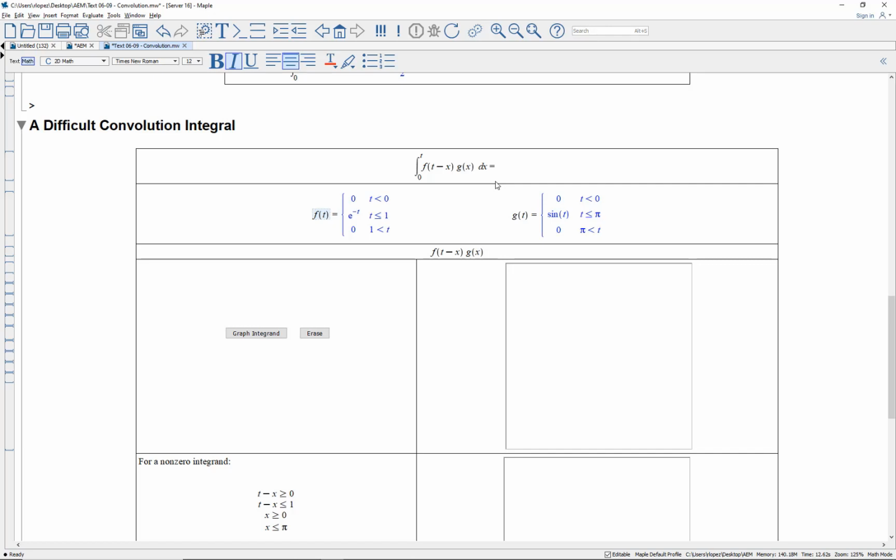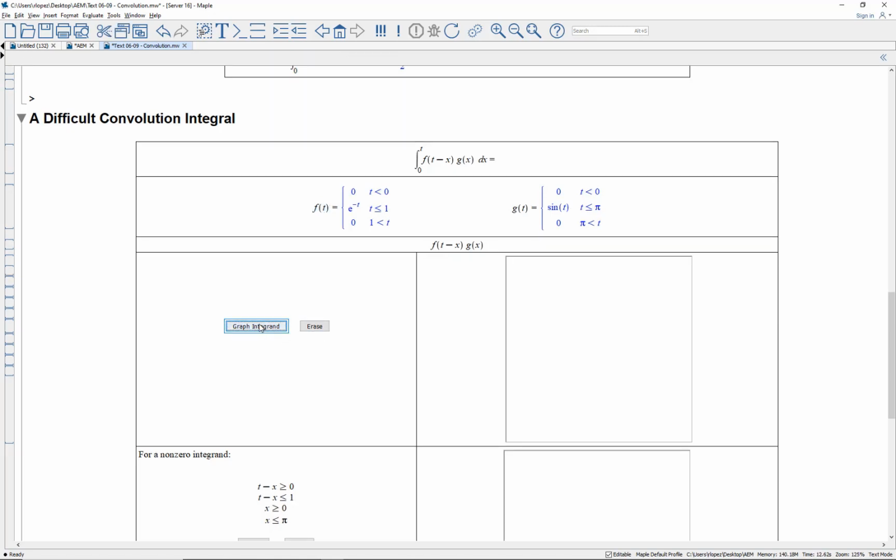What you really need here is some assumptions on f and g, because look, the integrand is non-zero only when this condition and this condition are met. Otherwise, one of these factors is going to be zero.